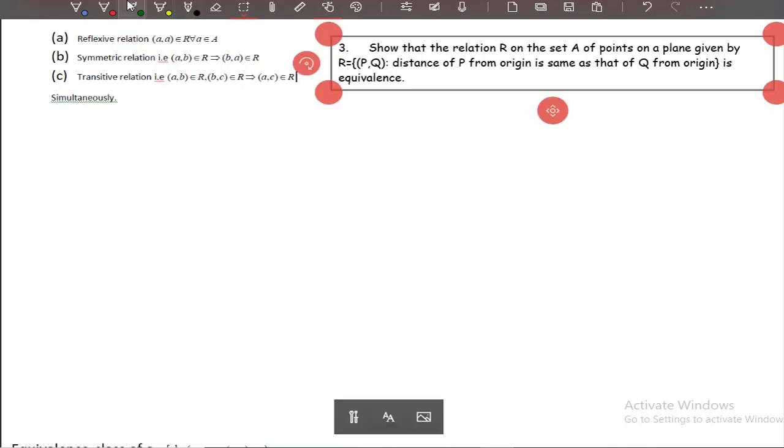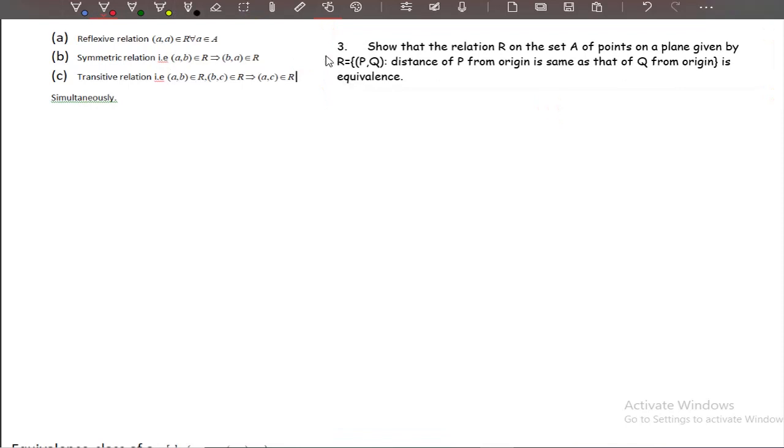R is the relation between 2 points P and Q such that the distance of P from the origin is the same as that of Q from the origin. That means OP is equal to OQ, where O is the origin.